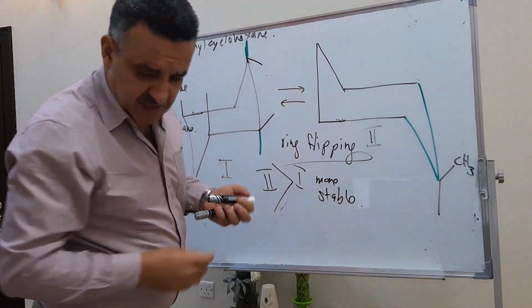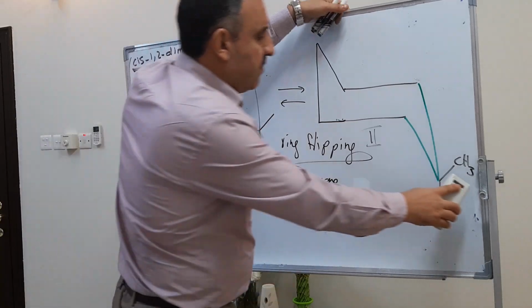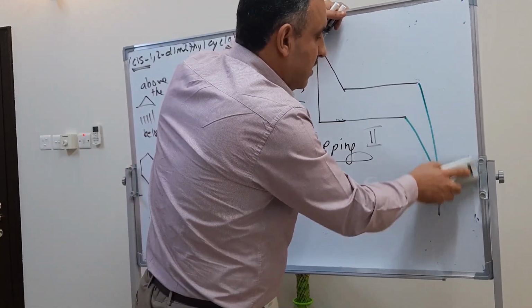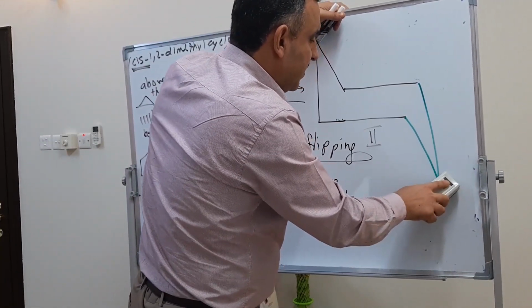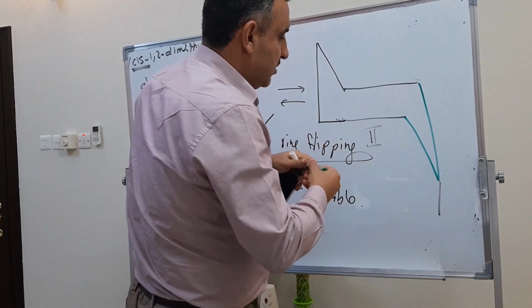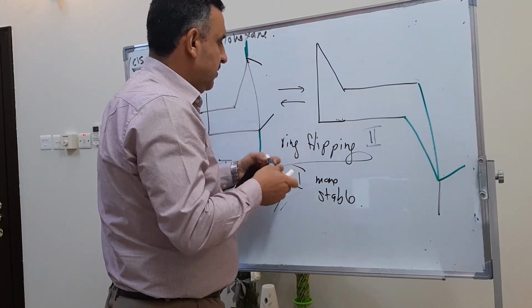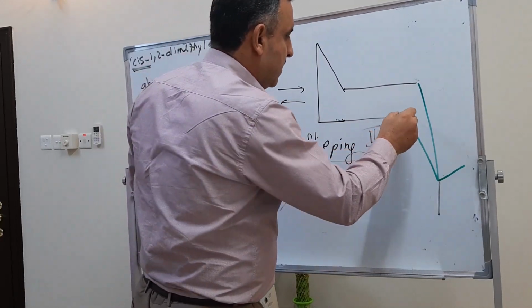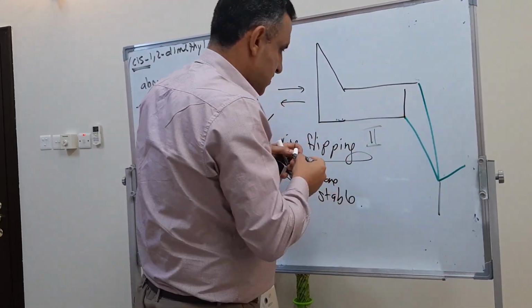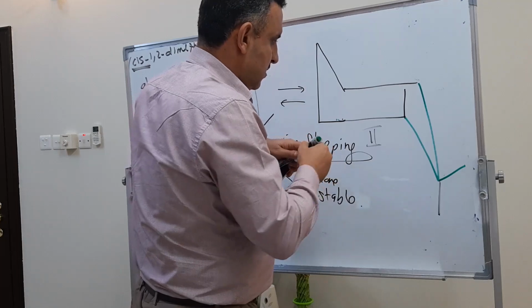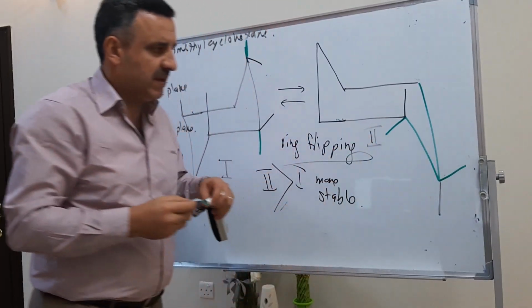And it's the same thing upon ring flipping. What's going to happen is that the axial becomes equatorial and the equatorial becomes axial. So this is 1, 2, and the second one will be 1 and then 2. Do you follow me?